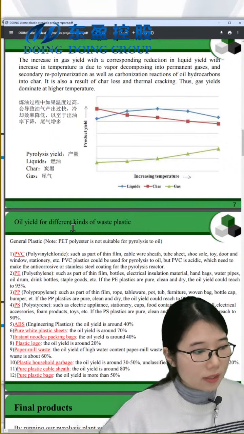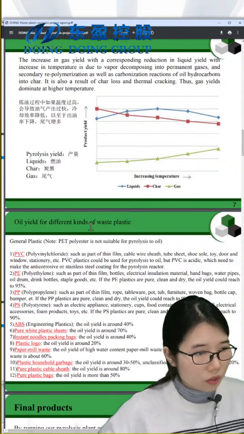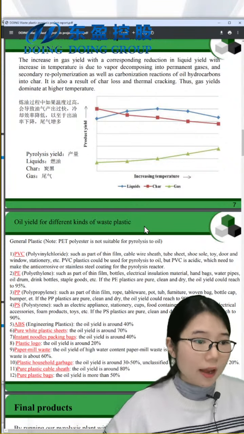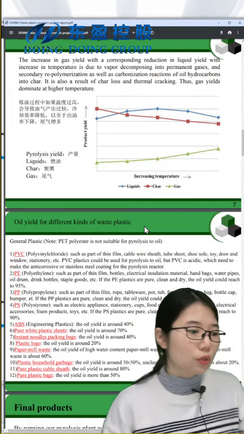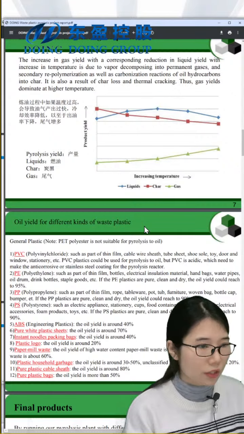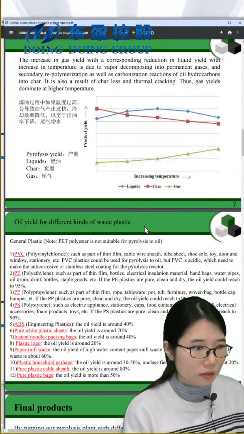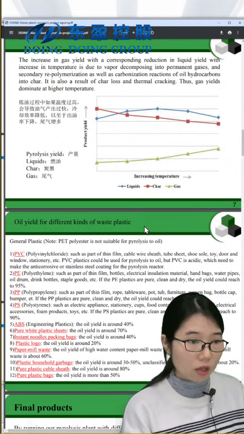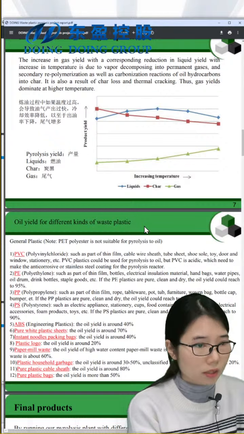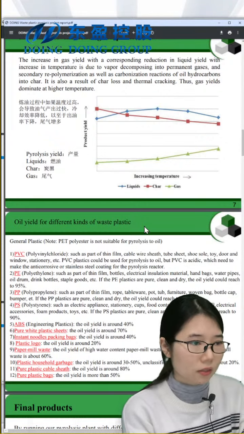As I said, the oil yield differs for different kinds of raw materials. For tires, the oil yield will be in a certain range, like 40% or 35%. But with plastic, because there are many kinds of plastic, for different plastics you can get different oil yields.